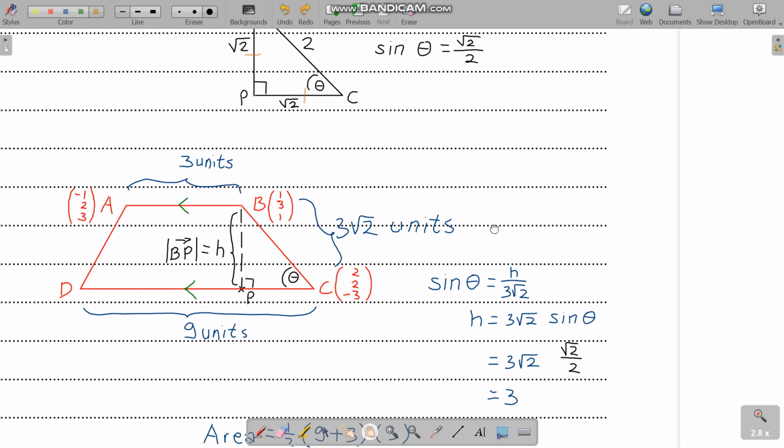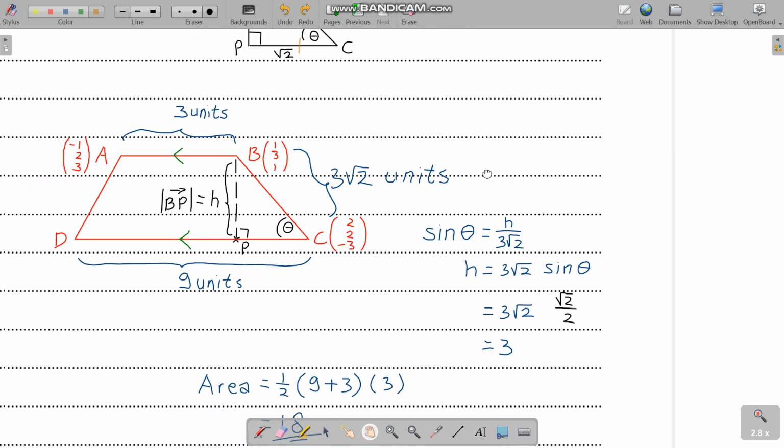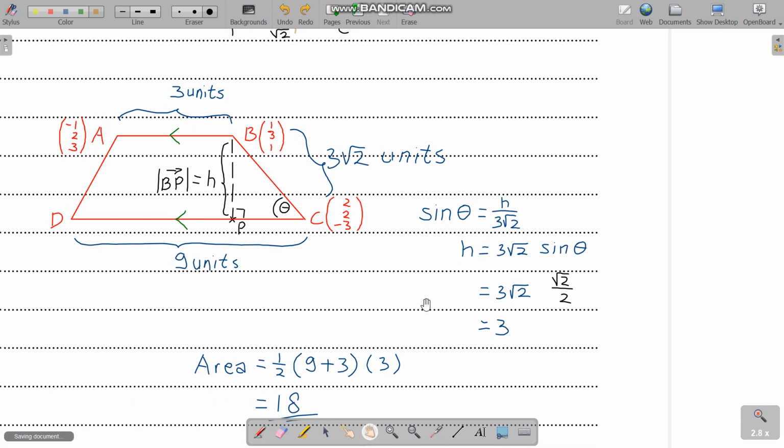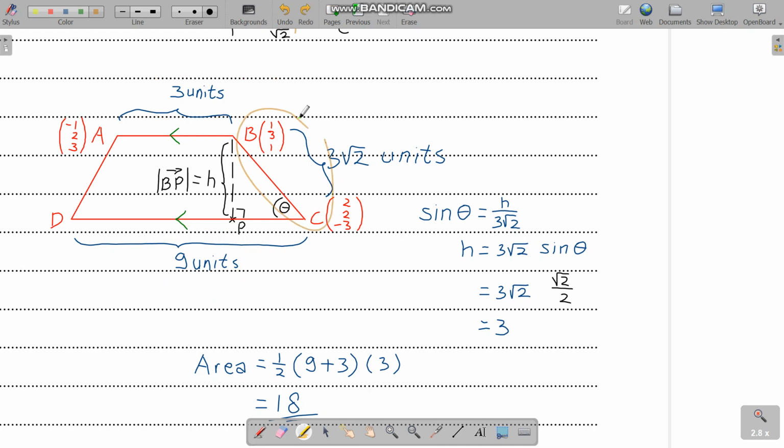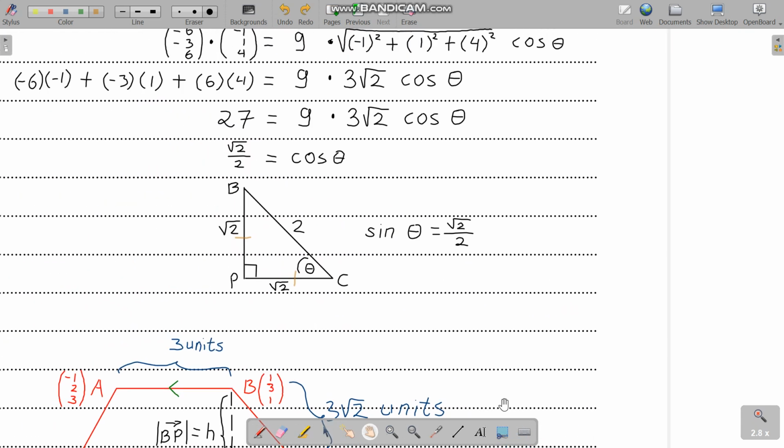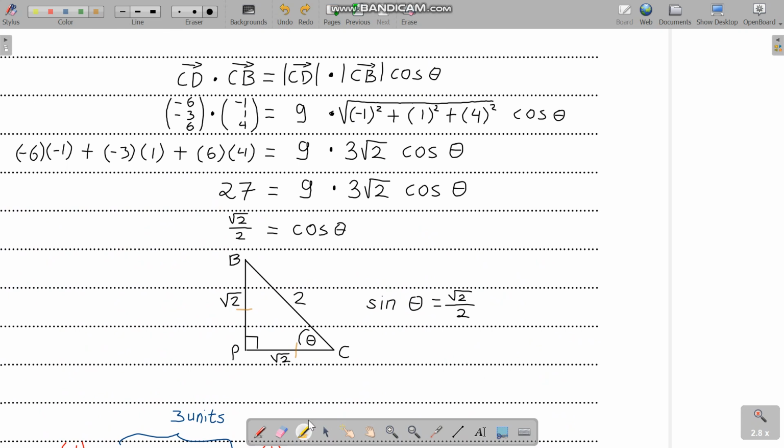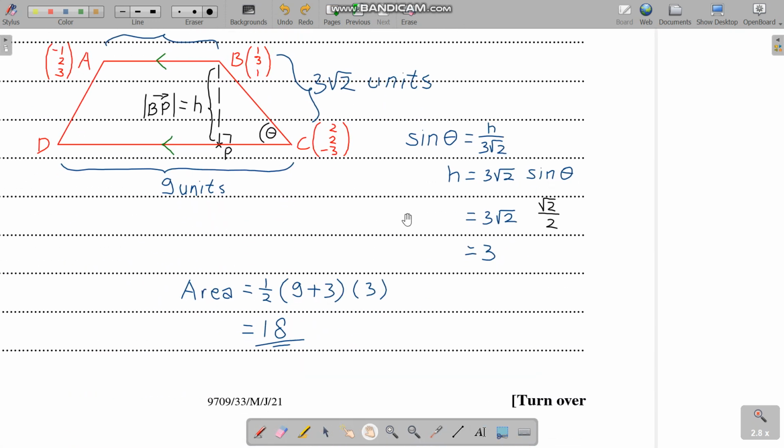Now that we have sine theta, we can find the height of the triangle here. We already know the length of AB, the length of DC, and the length of BC, or CB, same thing, it's 3 root 2. So this length is 3 root 2.